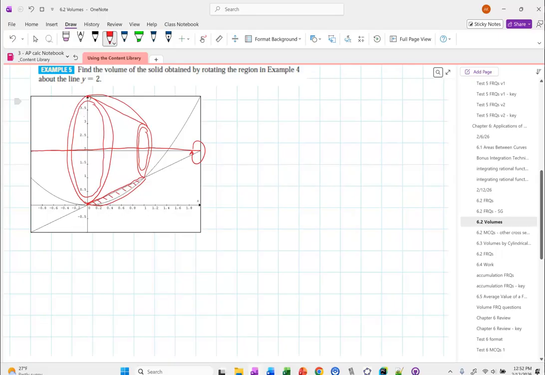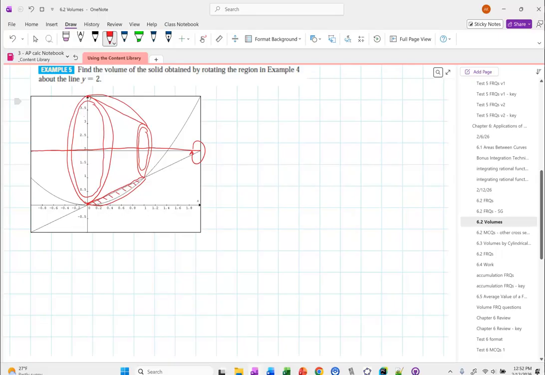So it's kind of like a funnel, but not a normal funnel, like a kooky funnel, because it's not the same thickness all the way through. It's thicker in the middle than it is at the ends. You guys visualize that there in your heads a little bit.